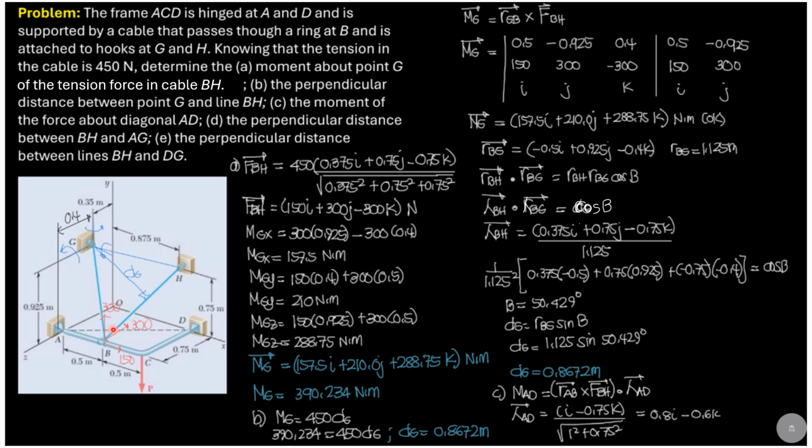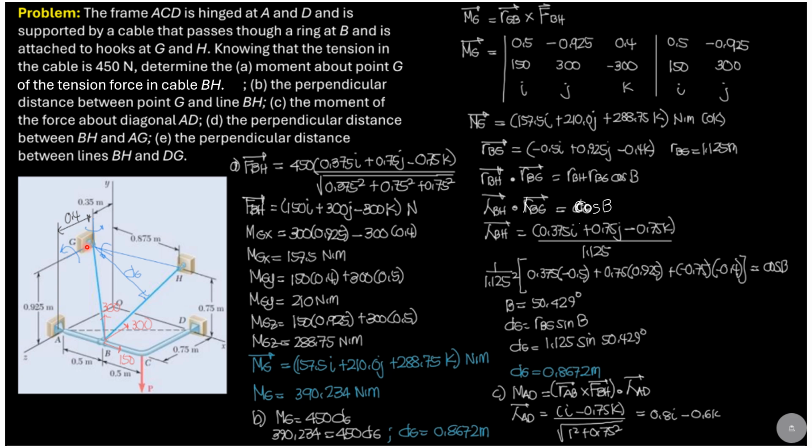Dot product to solve for the angle between the two vectors, then considering the right triangle, hypotenuse times sine of the angle, we can compute that perpendicular distance from line BH to point G.